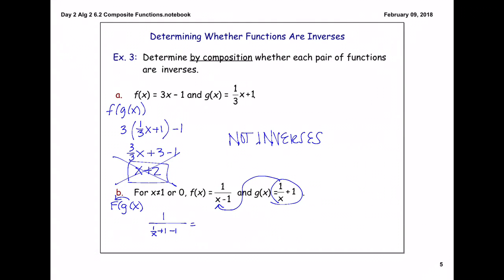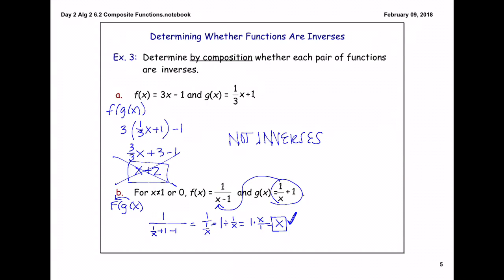So when we simplify this, we get 1 over x. If I rewrite this as 1 divided by 1 over x, to divide fractions you multiply by the reciprocal, which equals x. So f of g of x worked.